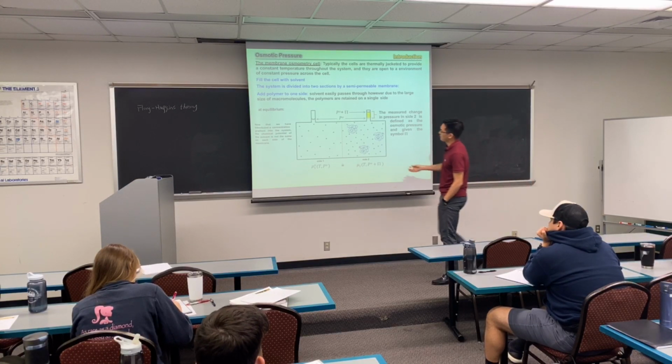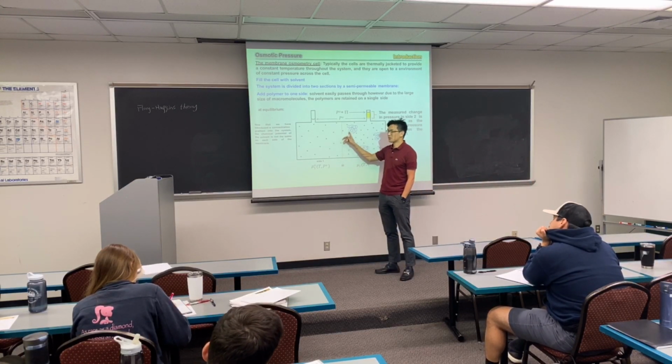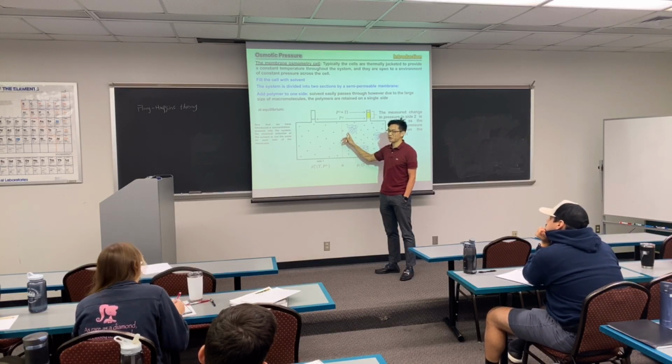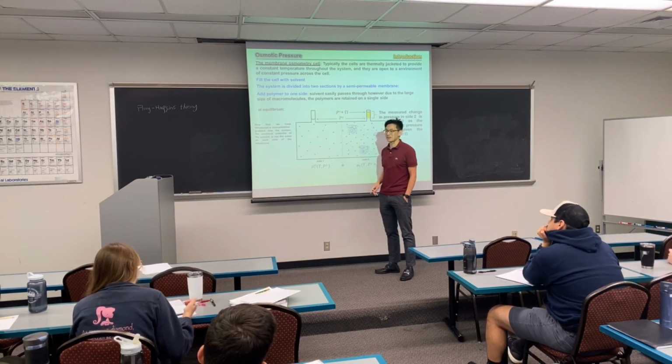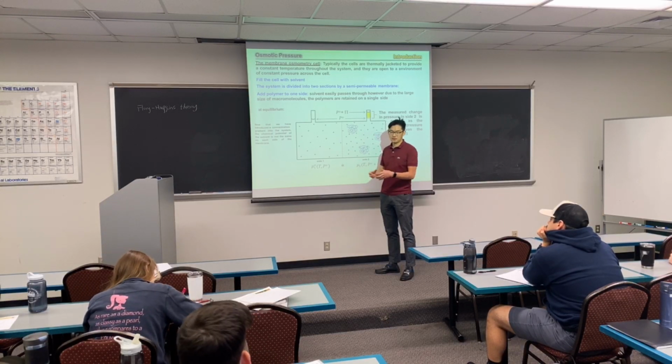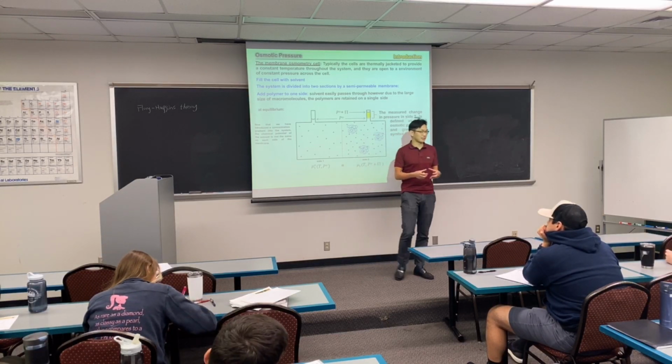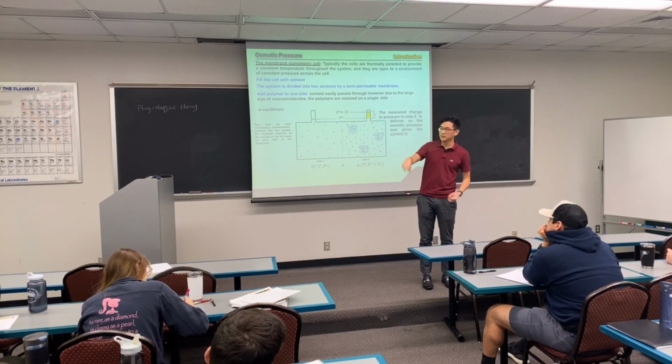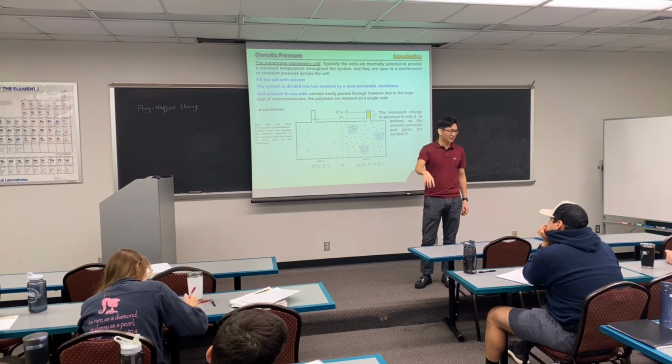If you have the water goes this way, we call it forward osmosis because it's a spontaneous process. If you have a concentrated polymer solution, you do dialysis, you put it in there, and you keep stirring.